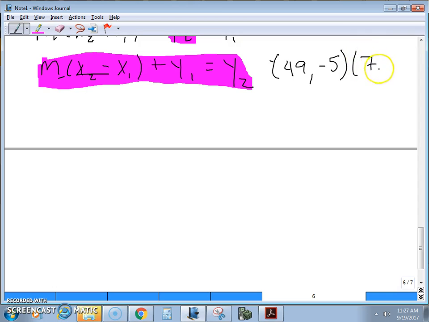Negative 5, 7, and 6. Okay. x1, y1, x2, y2. We're going to put it in the slope formula.